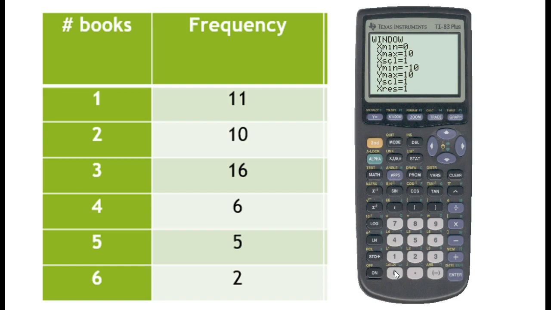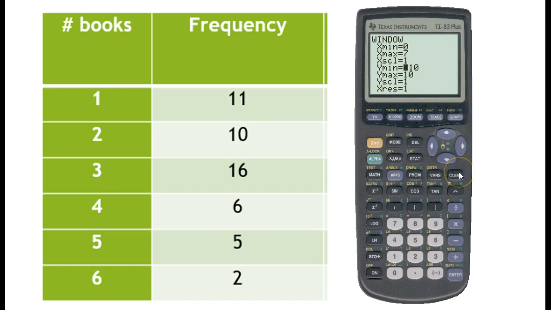We want it to be bigger than our data values so that we include everything when we're looking at it. X max, our max X value is 6, so let's go one more. Let's clear that and do 7. The scale, let's have it be 1 block thick, which is perfect because we're going per book.